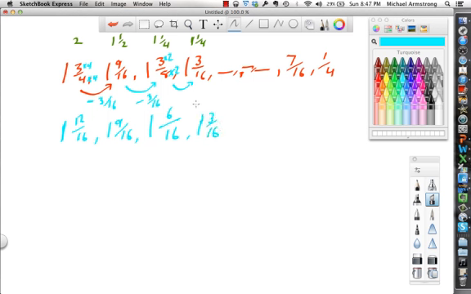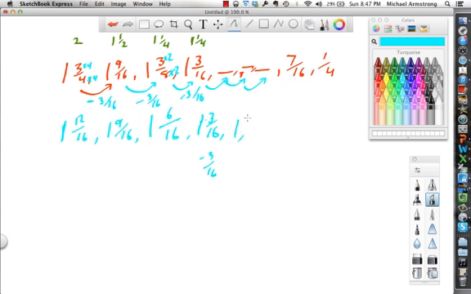1 and 3/16, and then minus 3/16. We can just subtract 3/16 to get this one, and then do it again, and then do it again. So 1 and 3/16 minus 3/16 equals 1. I don't have to write the equals. We're just going to keep writing the pattern. So 3/16 take away 3/16 is just going to equal 1.